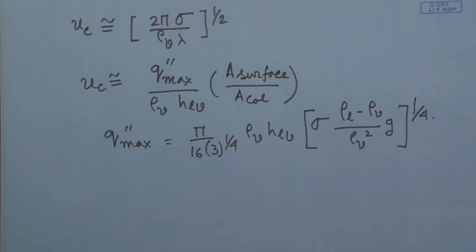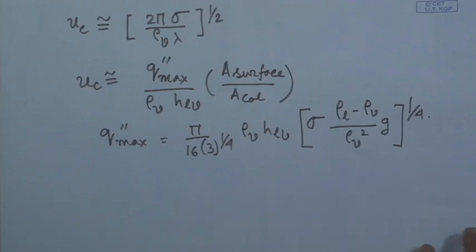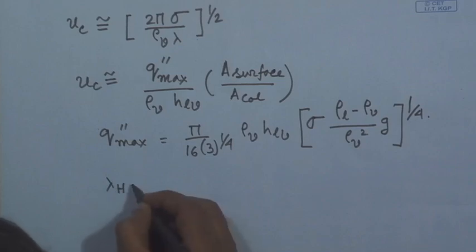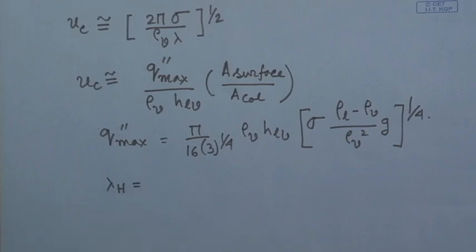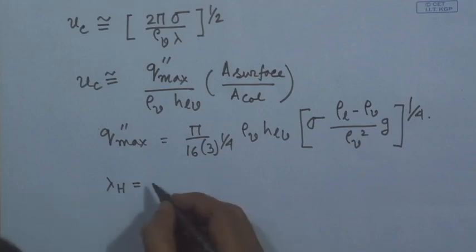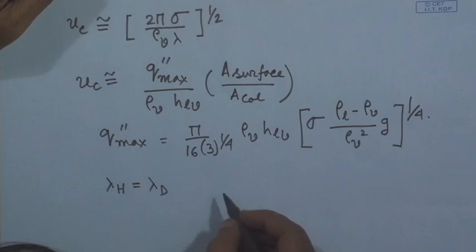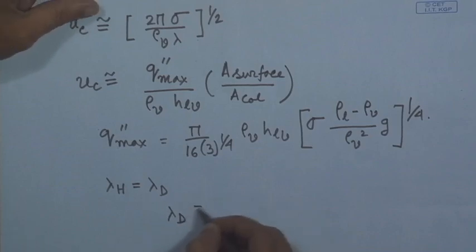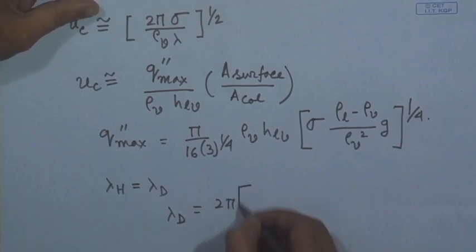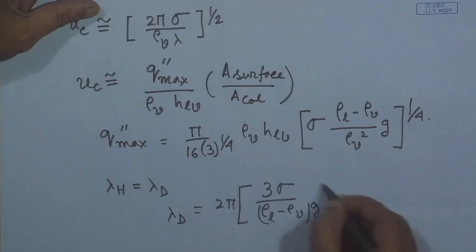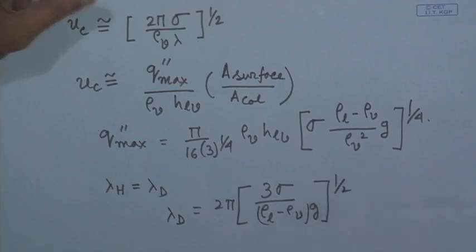Here, one thing is important: we have to assume that lambda H, the wavelength of Kelvin-Helmholtz instability, is equal to lambda d, the wavelength of Taylor wave, and this lambda d is given by 2 pi root 3 times sigma by rho L minus rho V into G, whole to the power half.